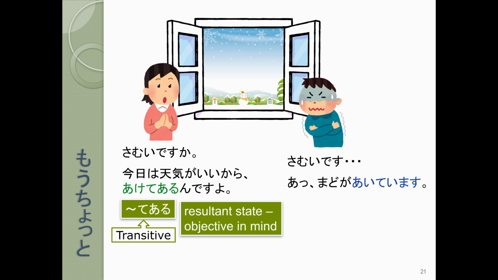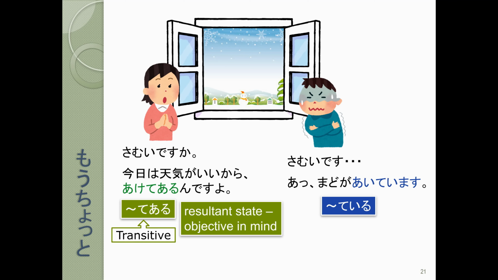This shows the resultant state when you have some sort of objective in mind. So the window is open because the weather is nice. I opened the window specifically because the weather is nice and I want to let in the fresh air.